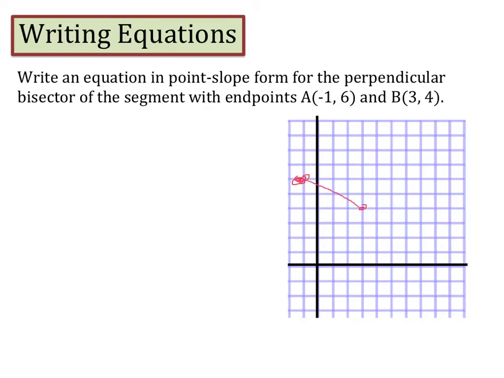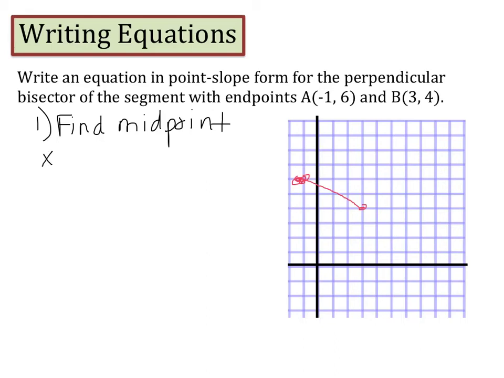So what we have to do is write an equation for a line that's the perpendicular bisector of the segment. Since it's the bisector, we know we have to find out what the midpoint of this segment is, because we have to split this segment into two halves. So the first thing we want to do is find the midpoint. The midpoint is just the average of the x values and the average of the y values.